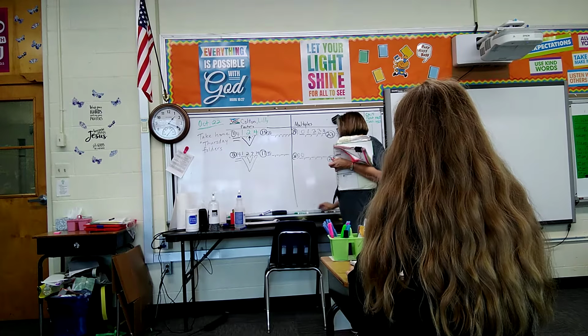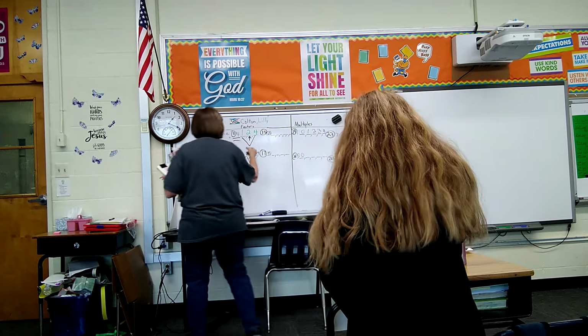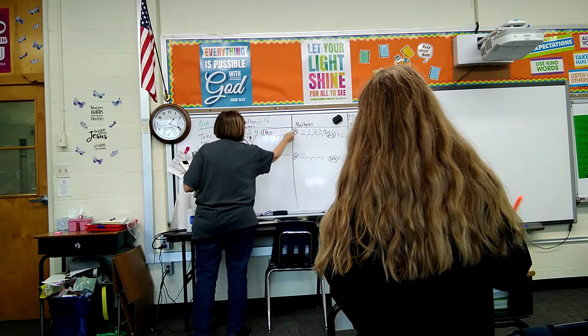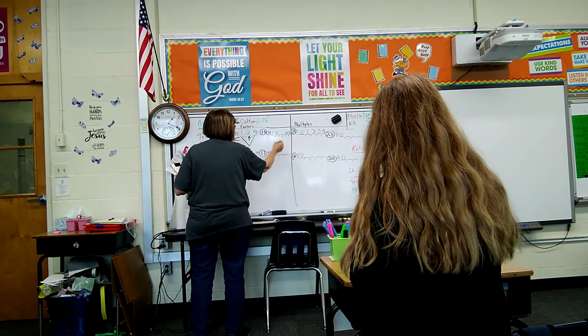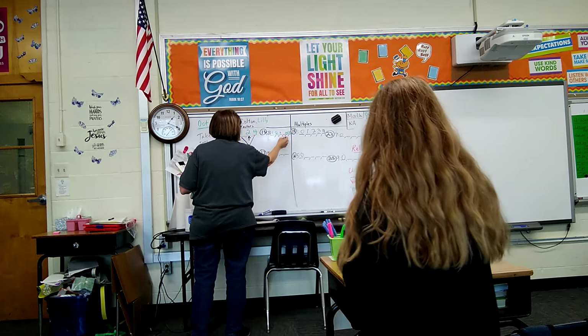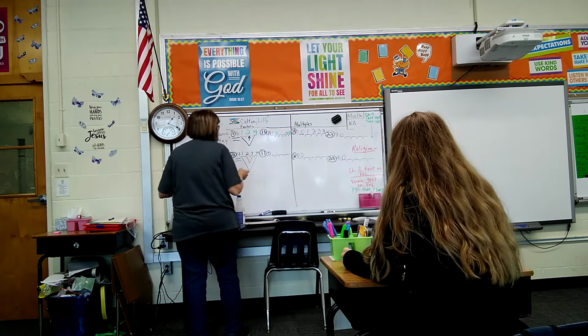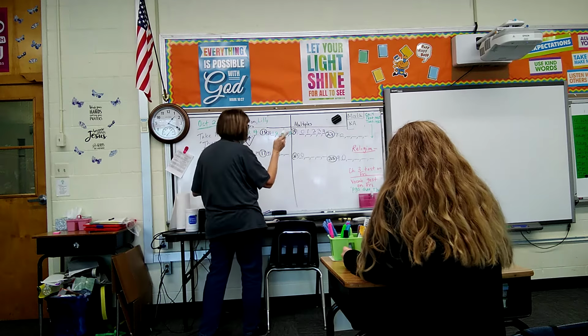Let's see, Melanie, you and your partner, tell me the factors of 28. 28 or 1. Okay? 14, 7, and 2. So I heard you work with Colson? Okay. So can Colson finish it out?